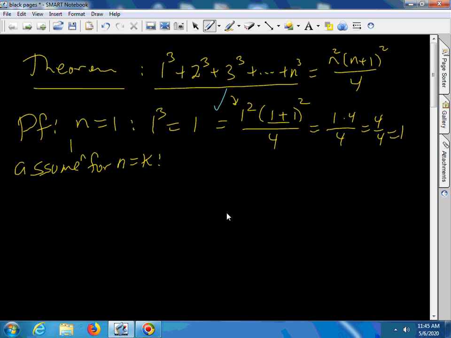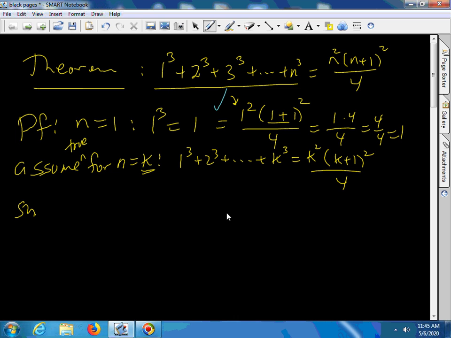Now, like always, we assume true for n equals k. That is, 1 cube plus 2 cube all the way up to k cube is equal to, written this way, n squared times n plus 1 squared over 4.